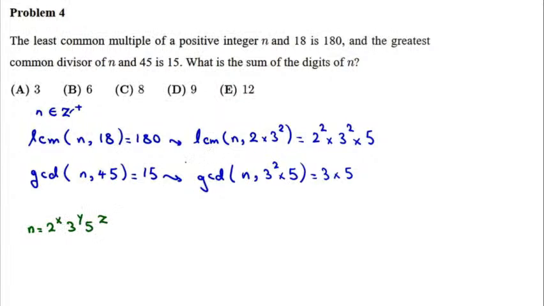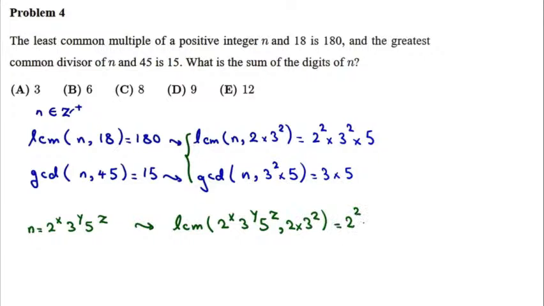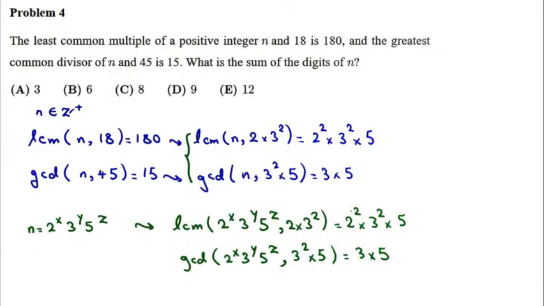If I rewrite these two things again by this n, the first line is LCM of 2^x 3^y 5^z and 2 times 3 squared equal to 2 squared times 3 squared times 5, and GCD of n, which is 2^x 3^y 5^z, and 3 squared times 5 equal to 3 times 5 again.